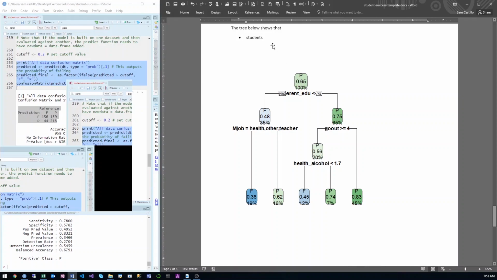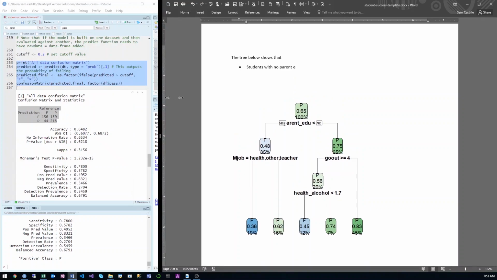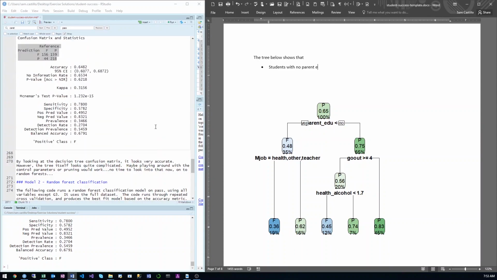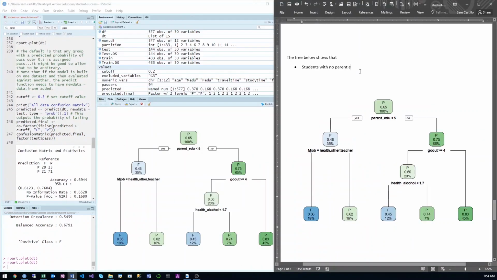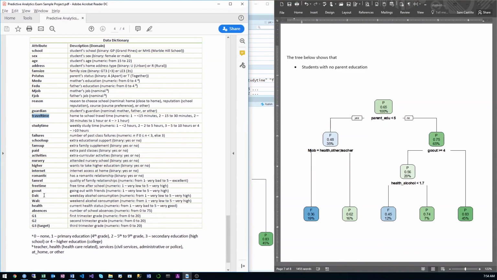So if students have no parent education, parent EDU is not equal. I can't actually tell what this is saying. Is this parent EDU is less than something, right? Parent EDU is less than 5. So 5 is probably the number of years of education, where a higher value is better. Parent EDU, mother's education.